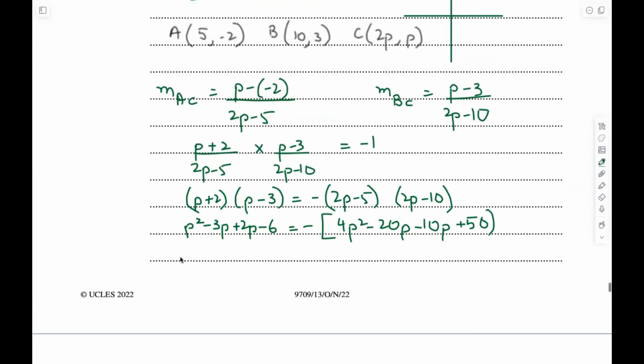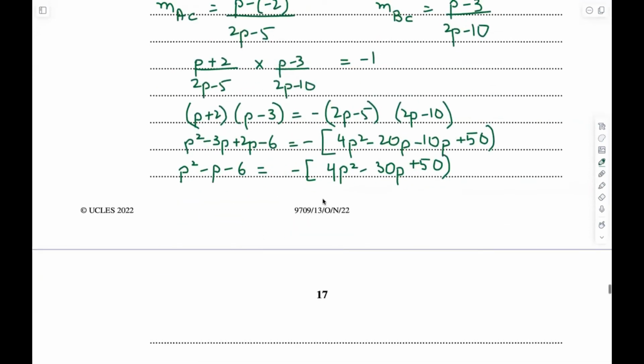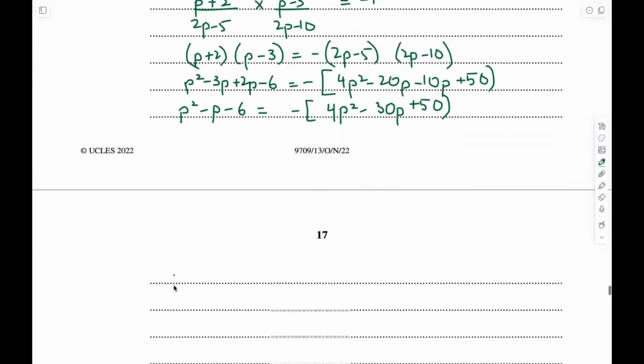Simplifying both the sides, we'll get p squared minus p minus 6, and this will become minus bracket 4p squared minus 30p plus 50. And now in the next step, we can multiply the whole bracket by the negative sign. So this will become p squared minus p minus 6 is equal to negative 4p squared plus 30p minus 50.